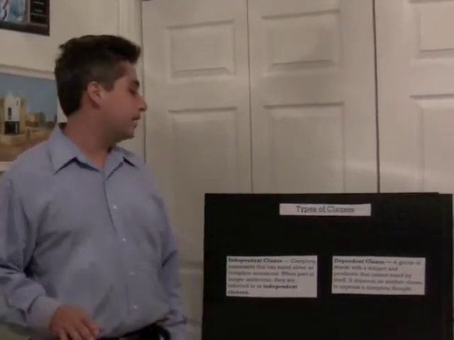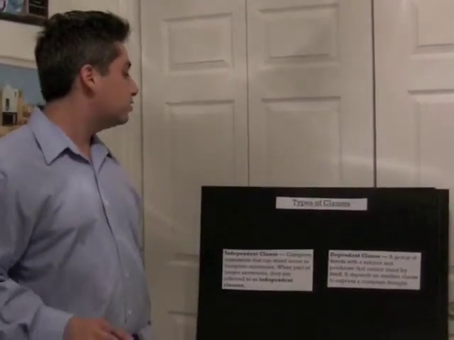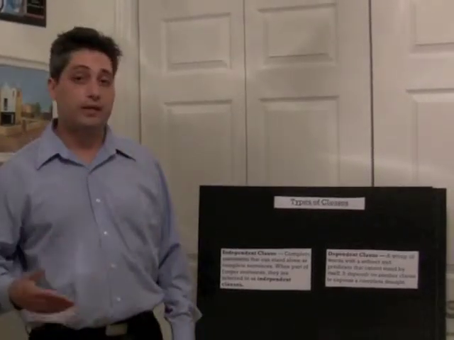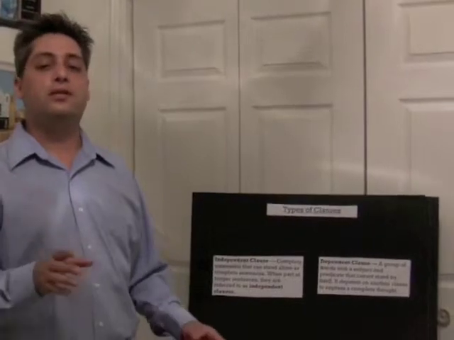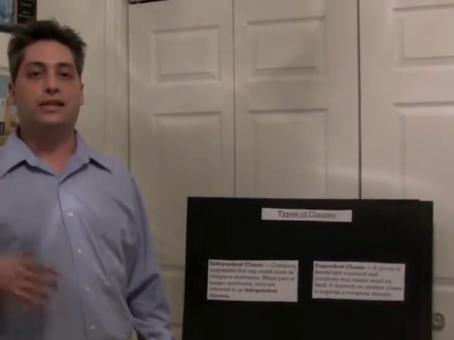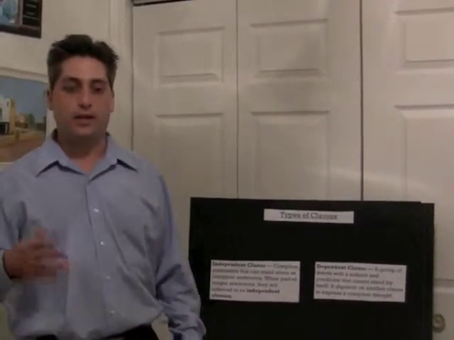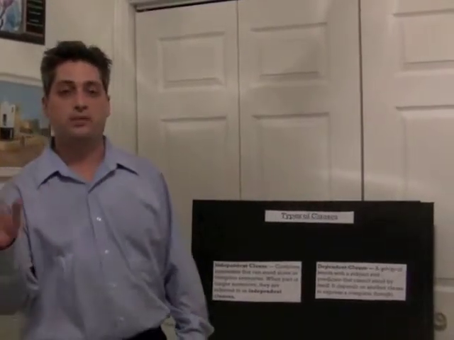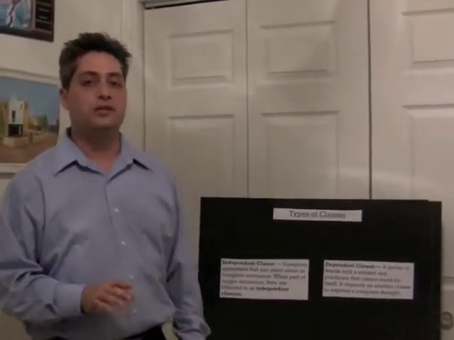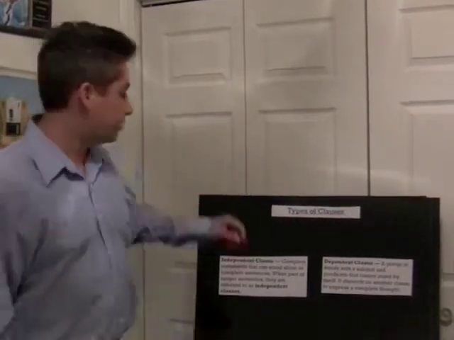That contrasts with a dependent clause, which is a group of words with a subject and a predicate that cannot stand on its own. So a dependent clause needs an independent clause with it, or else it can't function as a complete sentence. It's a sentence fragment. So the dependent clause must be attached to an independent clause, or else it's not good English.